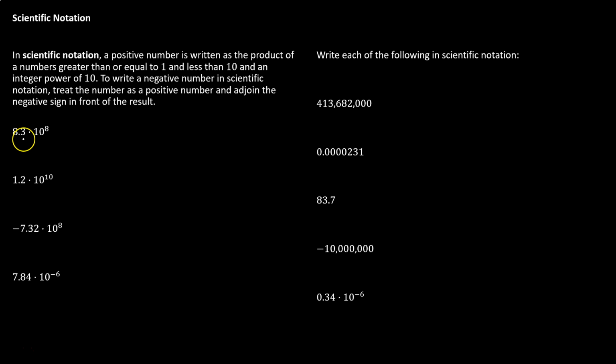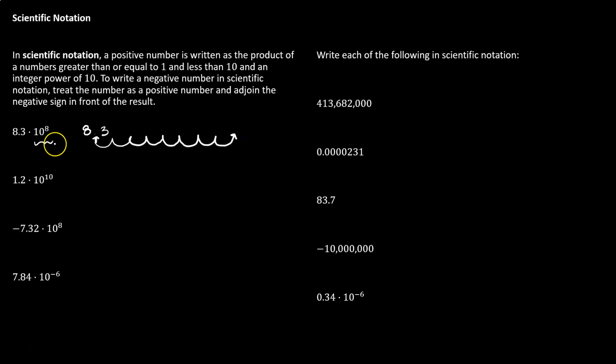When we multiply this out, basically what you would do is copy your 8.3 and then look at your power of 10. Where the decimal started, you're going to move that digit the exponent number of times. So in this case, our exponent is 8, so I'm going to move my decimal 1, 2, 3, 4, 5, 6, 7, 8.